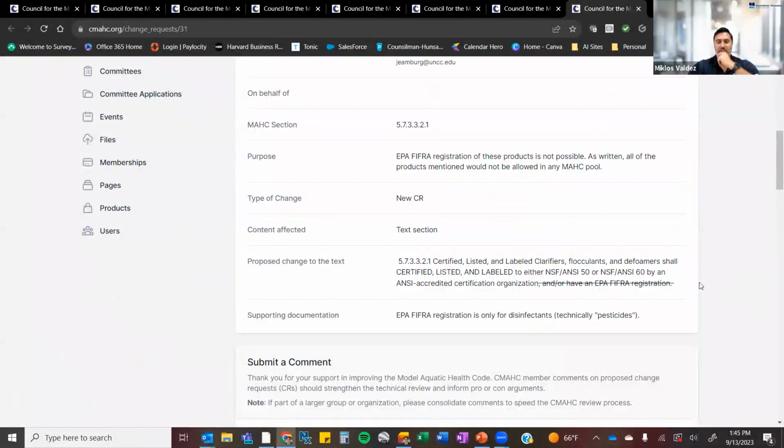So the next one is 573321 and removes the and/or EPA FIFRA registration for clarifiers, flocculants, defoamers. So these specifically would not be part of that FIFRA registration. So it would make more sense to take this out. Is that what I'm understanding?